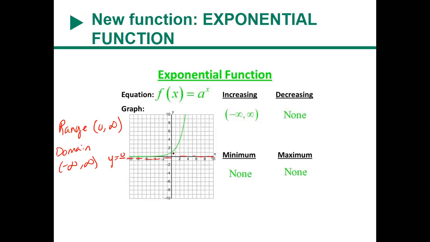Okay, and we do not have an x-intercept because we do not touch 0, but we do have a y-intercept, and our y-intercept is at (0, 1). And that's because anything to the 0 power equals 1. Okay, so that's our parent function for the exponentials.